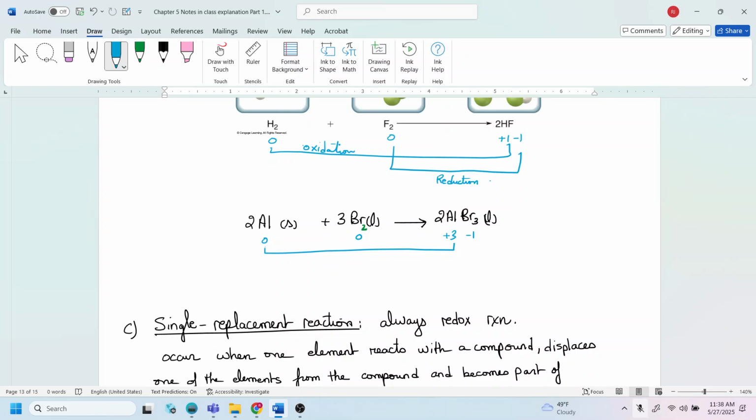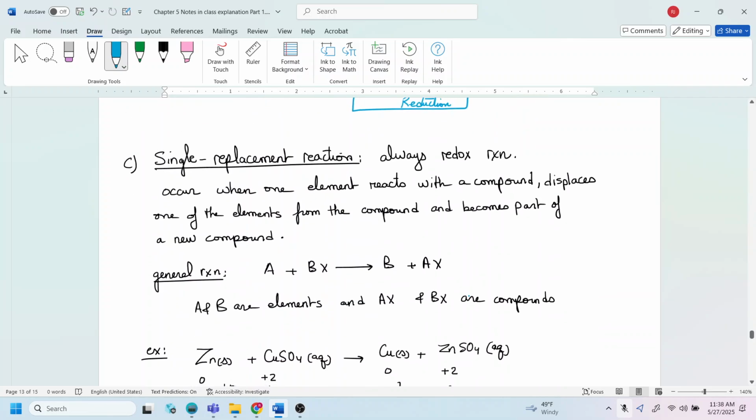So that is going to be oxidation. And then I am going from bromine 0 to bromine -1. Bromine is gaining, so that is going to be my reduction. And this is an example of a redox combination reaction.